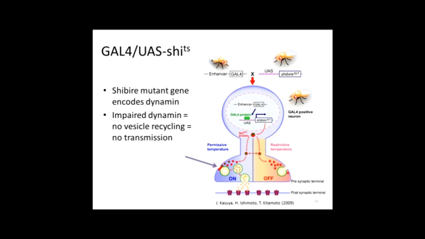At restrictive temperatures, it impairs dynamin and you can no longer pinch the vesicles into the presynaptic membrane and you no longer have vesicle recycling. This results in transmitters that are not pushed out into the synaptic space, and this leads to no transmission. So I used this to impair transmission in this line of flies.